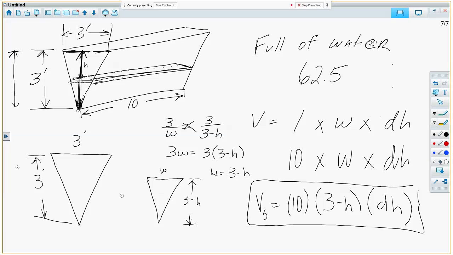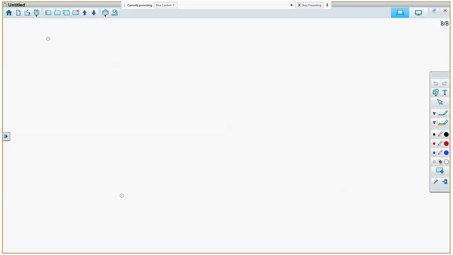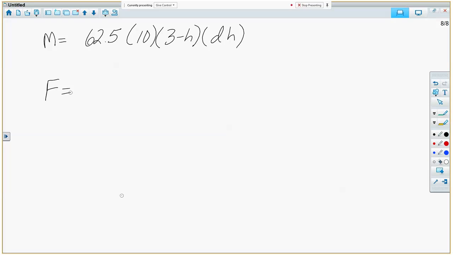So, let me take all this. And that's going to be mass is equal to 62.5 times 10 times 3 minus h times dH. Did I leave anything? That's right. And force is equal to the mass times the distance, which is h.